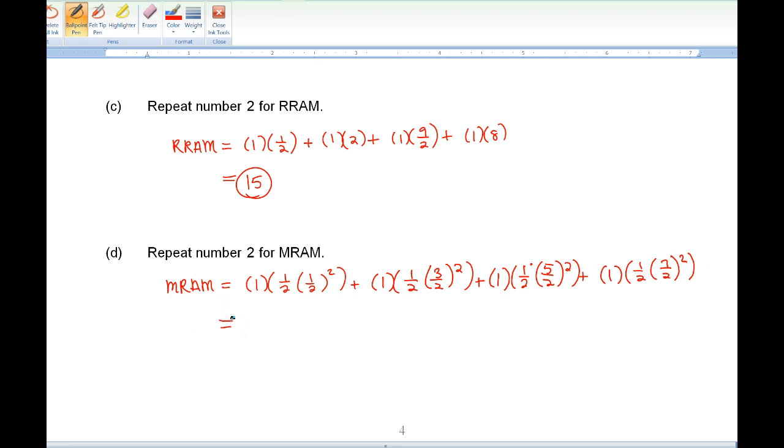So plug that all into your calculator. And on Monday I will show you, there's a calculator program that you can use to check your answers. So when we get to that point, I will show you. We should get 10.5 here.